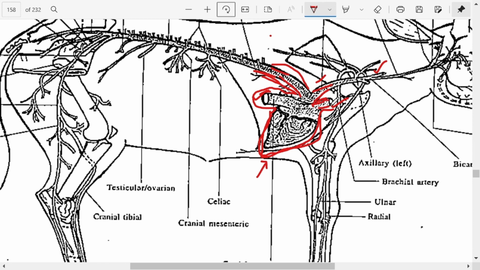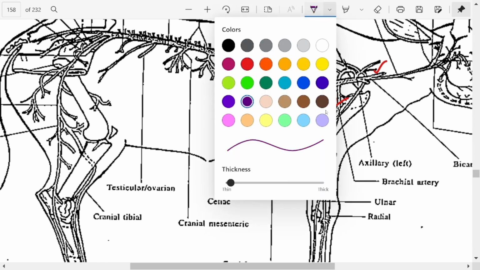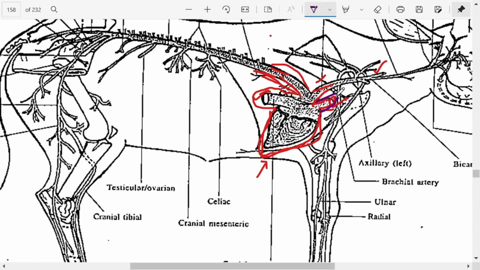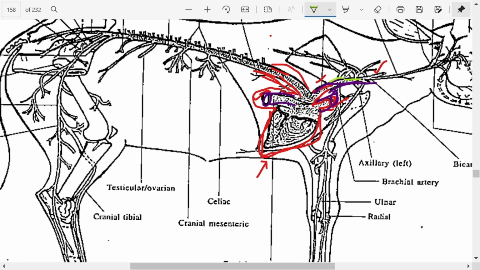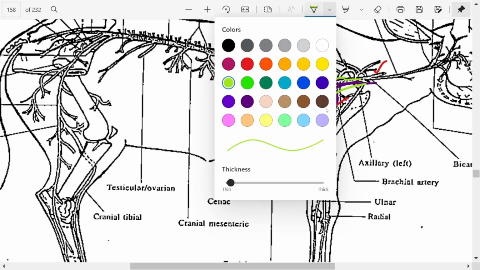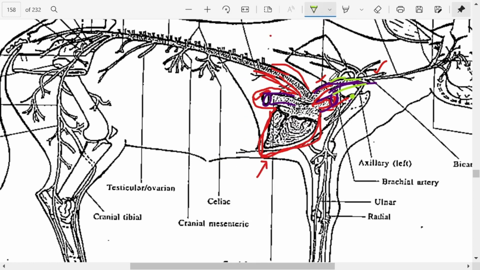From here, this reddish mark, if I give another color, like this part, these are the pulmonary artery and pulmonary veins. And here you can see that this is the brachiocephalic artery. If I make it another color, you can see this which is going like this.